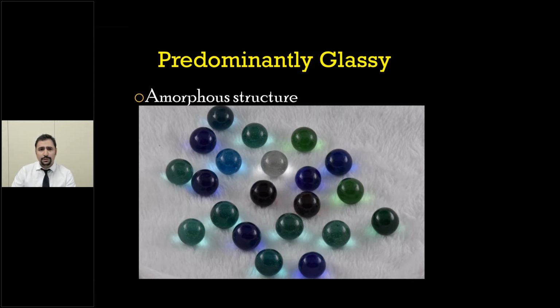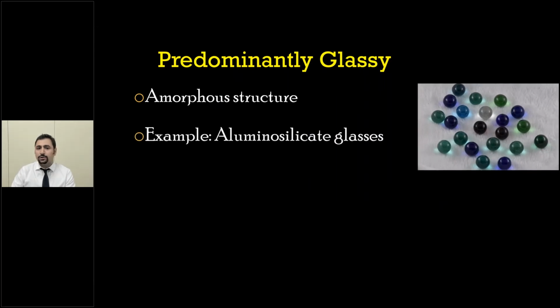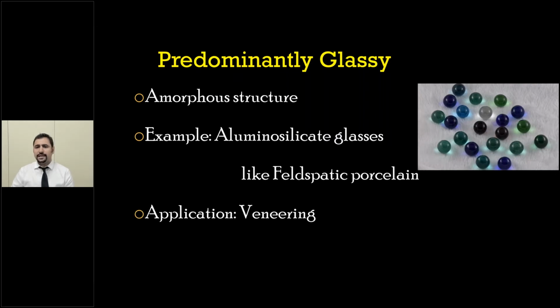The predominantly glassy ceramics have this amorphous structure that does not have any pattern. Examples of these are aluminosilicate glasses, which feldspathic porcelain falls into. They're well known for being used as veneers on top of zirconia, like PFZs, or by themselves as veneers.